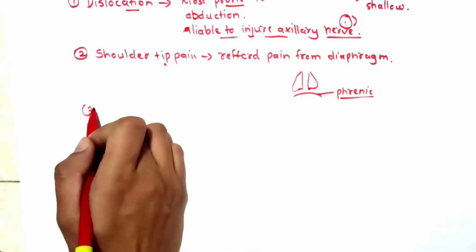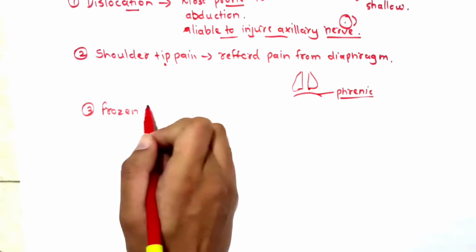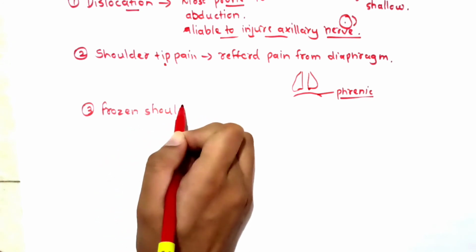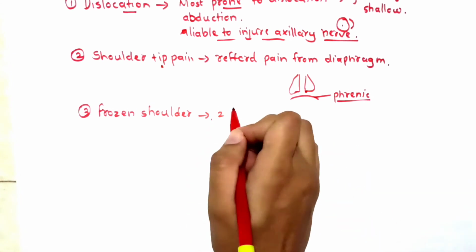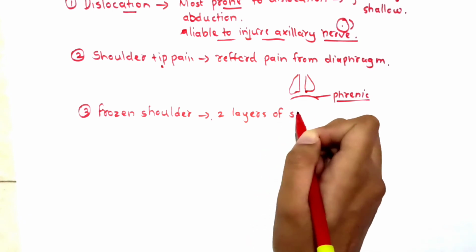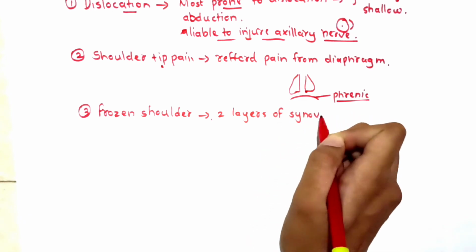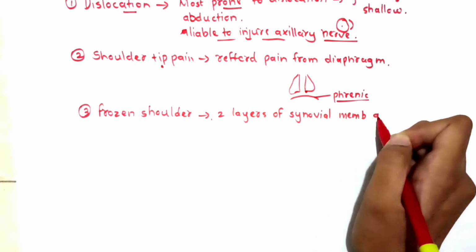Now the third one is frozen shoulder. It is a kind of stiffness in the joint when two layers of synovial membrane adhere to each other.